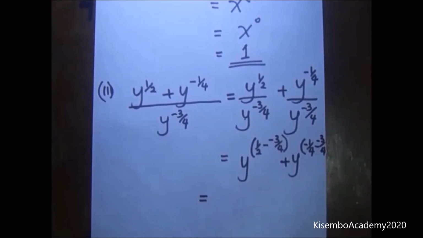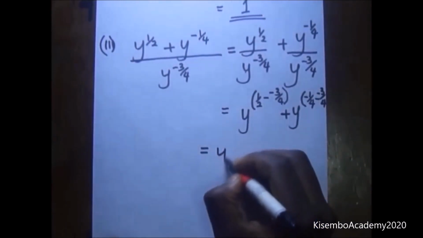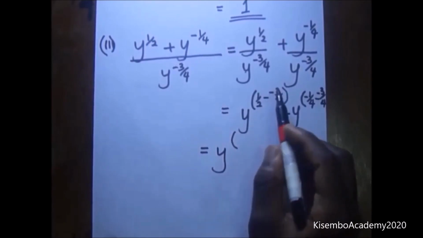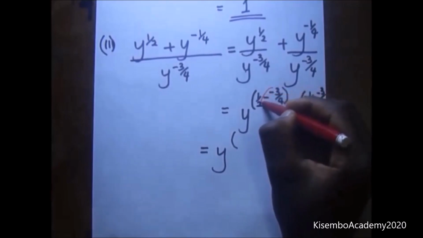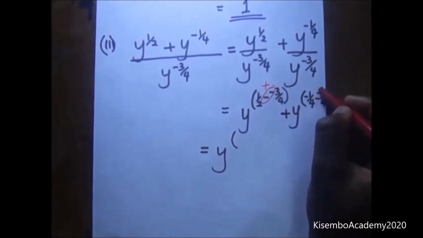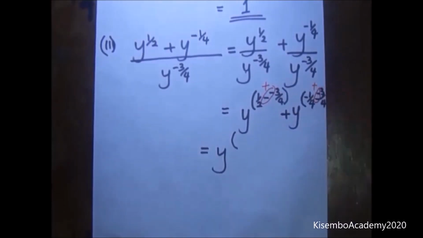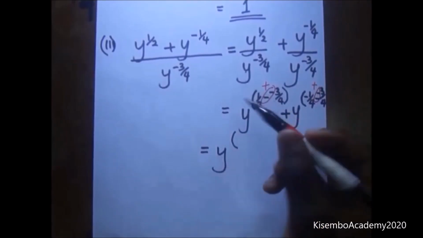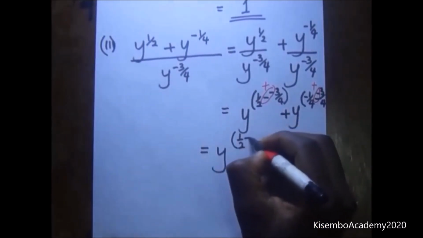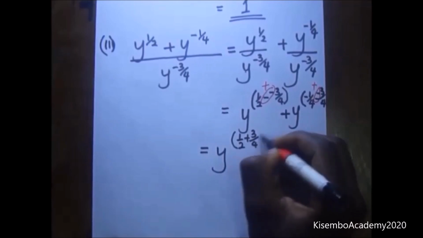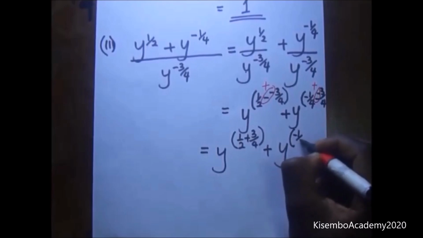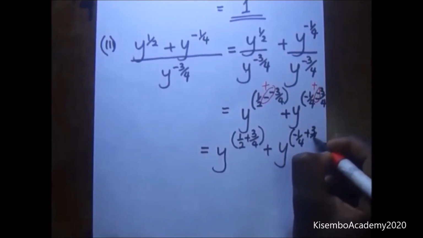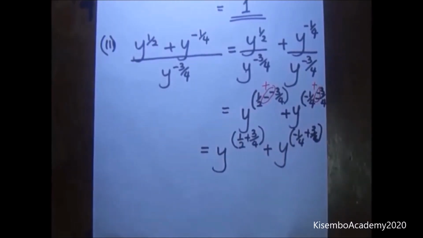So this will be equal to y to the power, this is going to become a positive because negative negative will become a positive, even here negative negative will become positive. So it's going to be y to the power a half plus 3 quarters plus y to the power negative 1 over 4 plus 3 over 4.